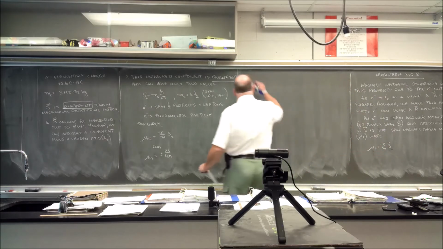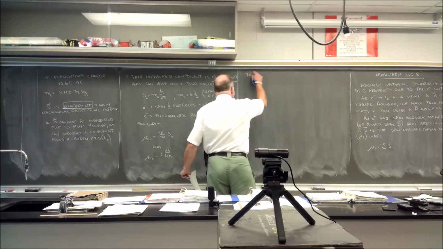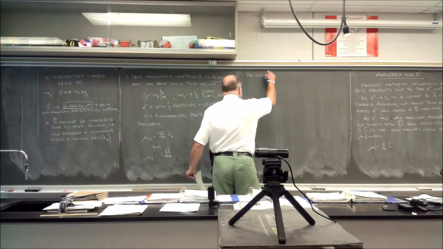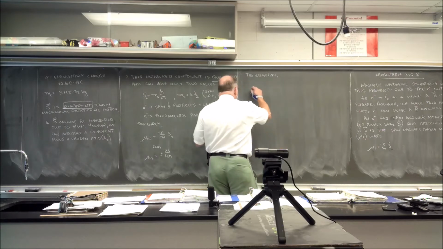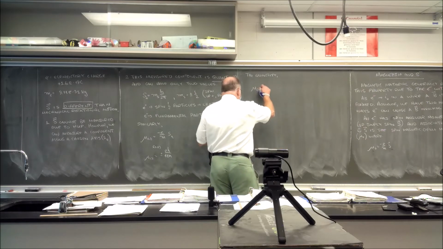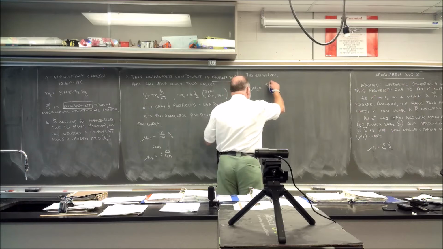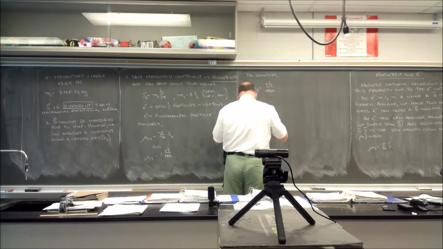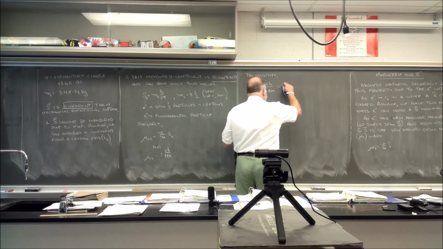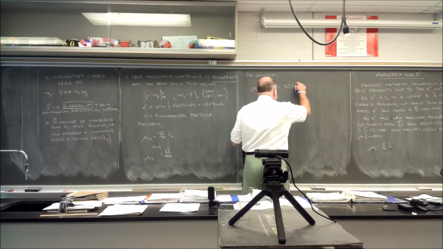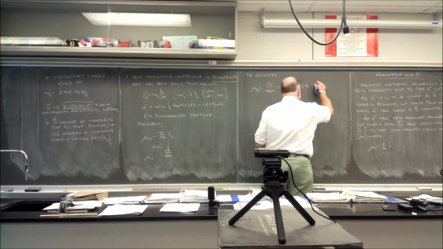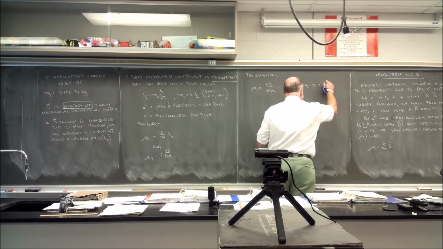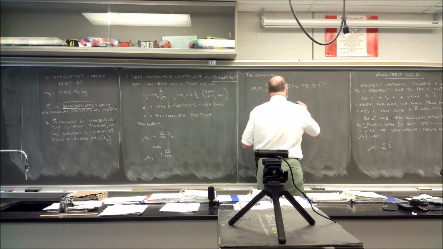The quantity mu sub B equals eh over 4 pi m is equal to 9.27 times 10 to the minus 24 joules per Tesla. This is known as the Bohr magneton.